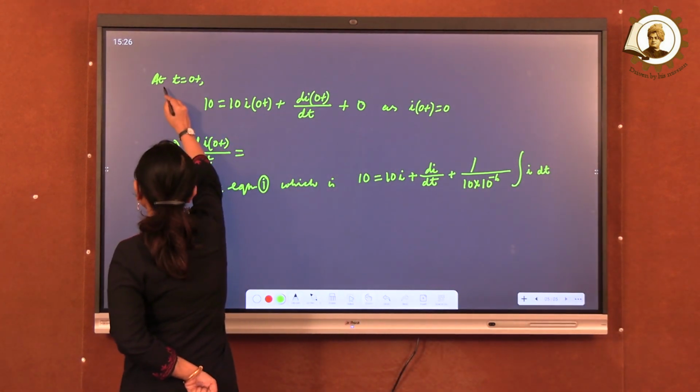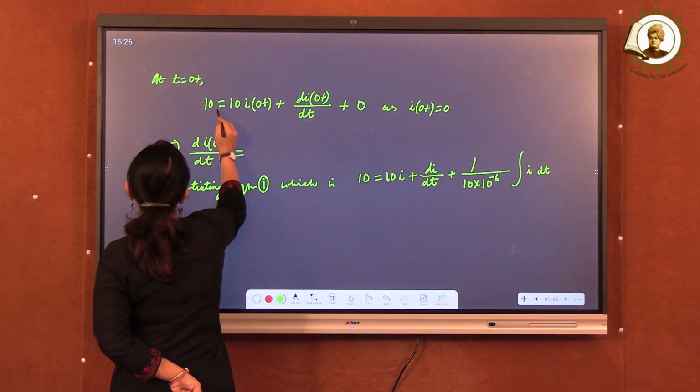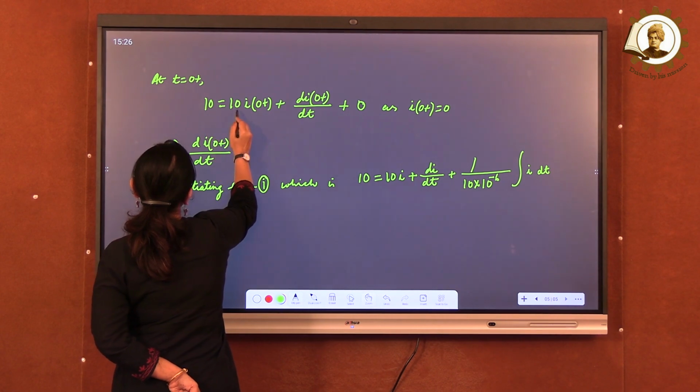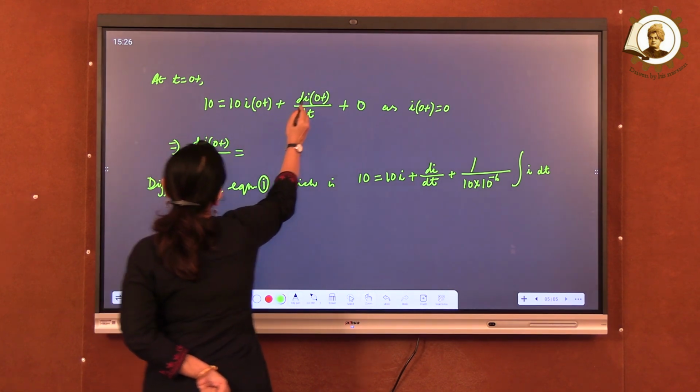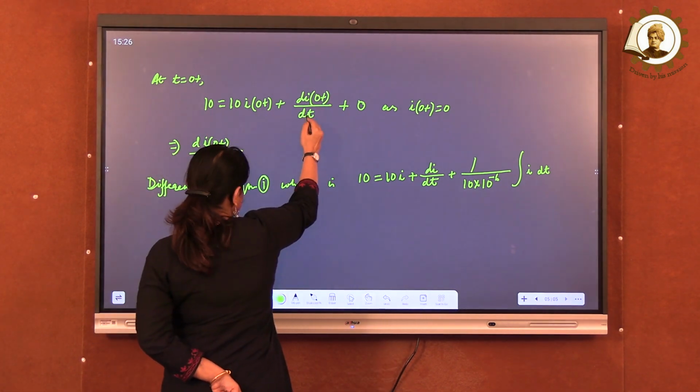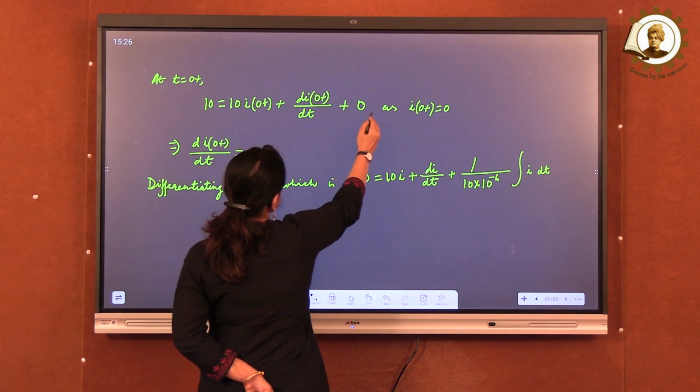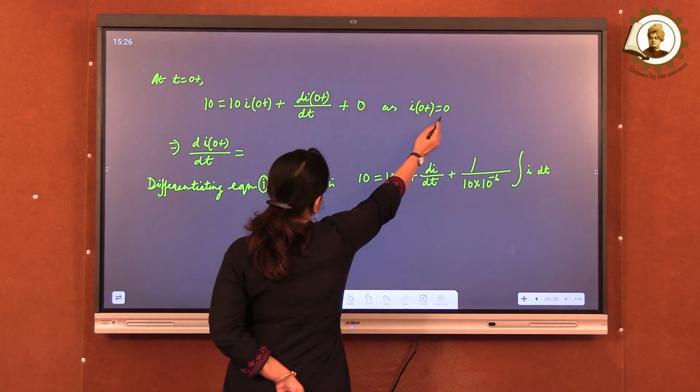So if we evaluate for t equal to 0+, then it will be 10 equal to 10 into I(0+) plus di/dt at 0+ plus 0, as I(0+) is 0.